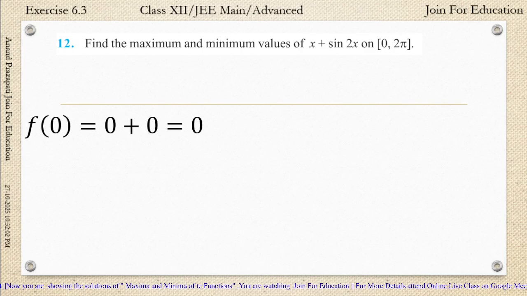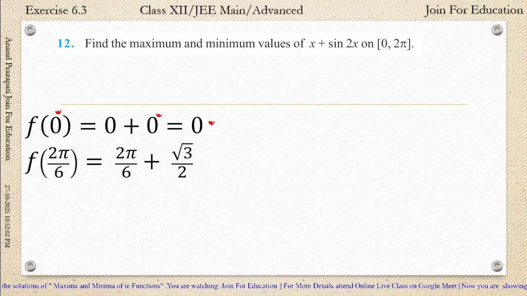Therefore the value of the function at x equal to 0 is 0 plus sin 0 equal to 0, so 0 plus 0 equal to 0. And the value of the function when x equal to 2 pi by 6 is 2 pi by 6 plus the value of sin 2 into 2 pi by 6, which is root 3 by 2.